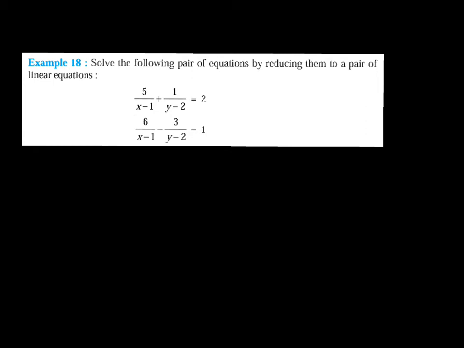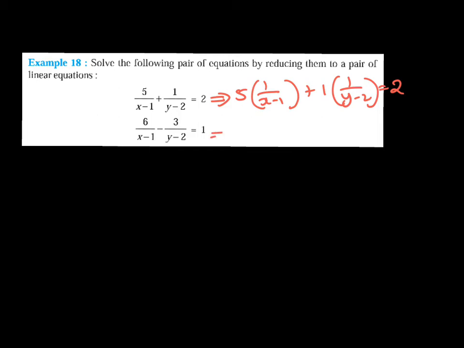Okay, solve the following pair of equations by reducing them to a pair of linear equations. Can I write this equation as 5 times 1 over x minus 1 plus 1 times 1 over y minus 2 equal to 2? I can, because it's going to be the same thing.